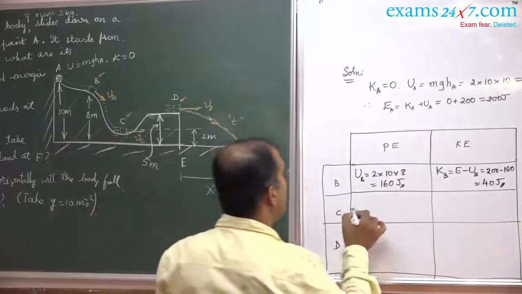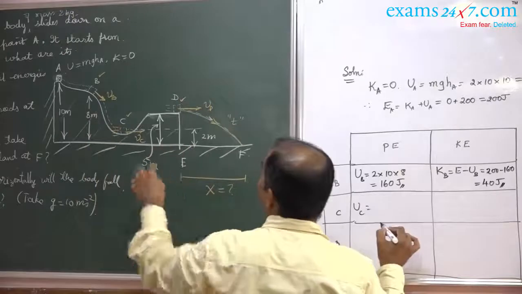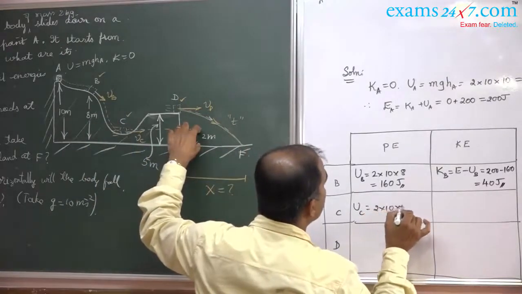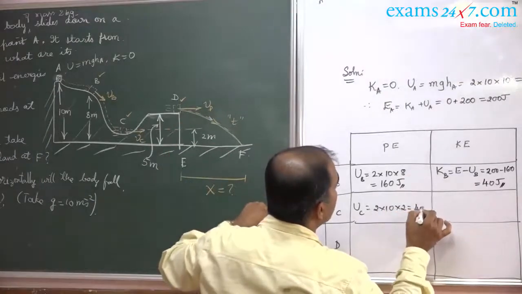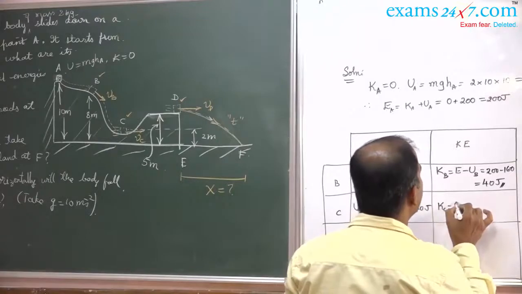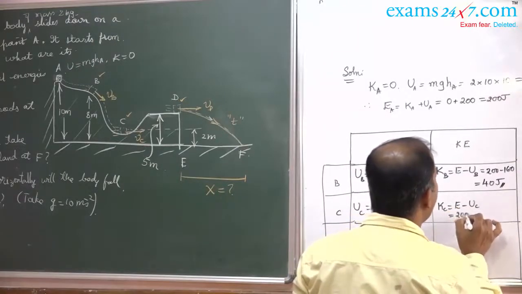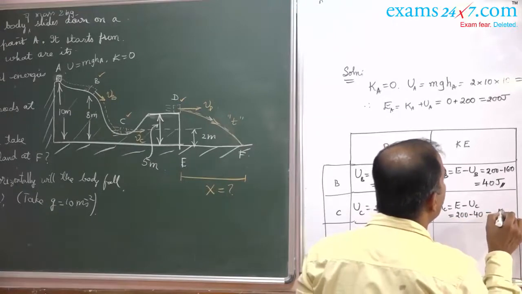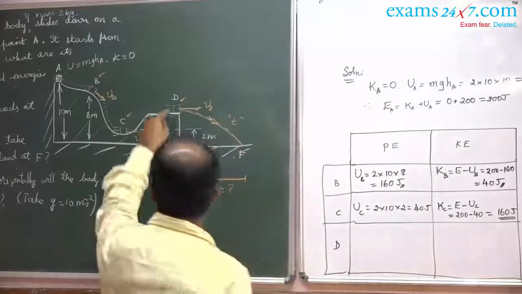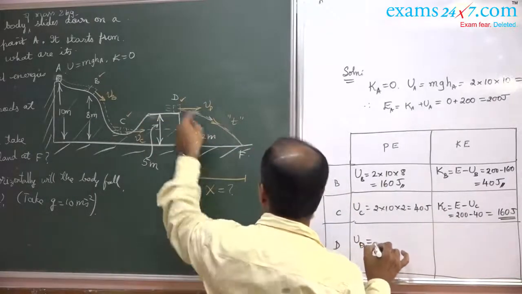And then potential energy at C, which is mgh. The height here is just 2 meter. So 2 times 10 times 2, so you get 40 joule. So what is the kinetic energy at point C? Kinetic energy at point C is E minus UC, that is 200 minus 40, you get 160 joule. Then finally at point D, potential energy at point D is mgh.